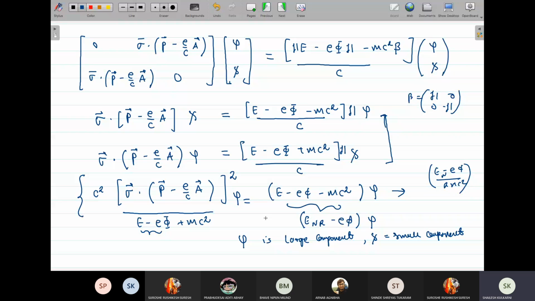If you solve this problem for this inverse-r potential, then apart from your spherical harmonics, you will get spin contribution to it.